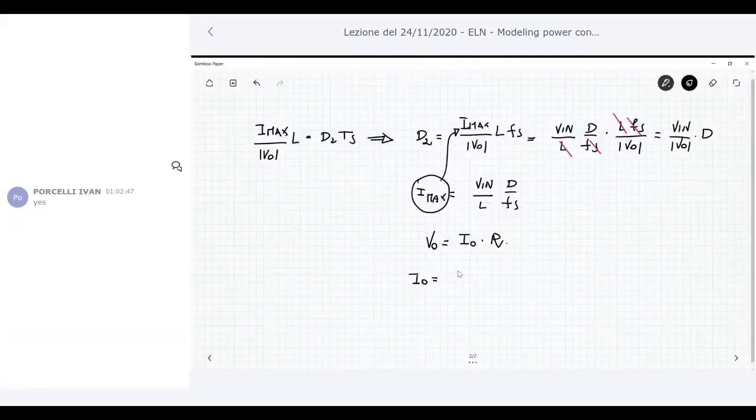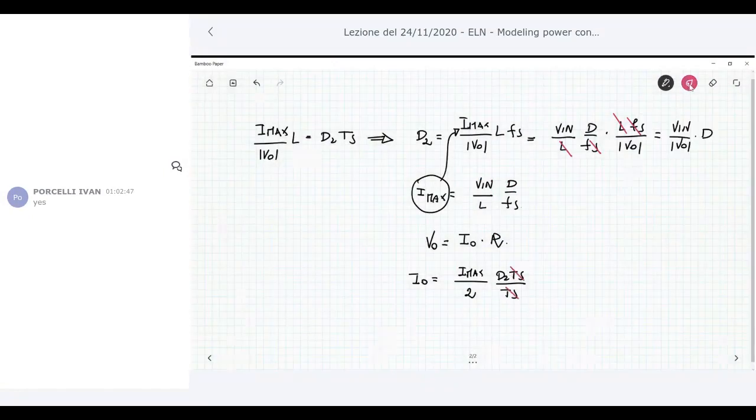This is the peak value, which is the I max of my triangle divided by 2, multiplied by the base of that triangle, which is d2 multiplied by Ts, and then you have to average over Ts. So you have this expression here.